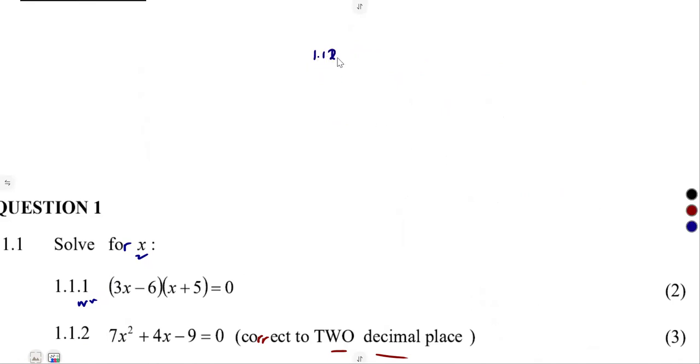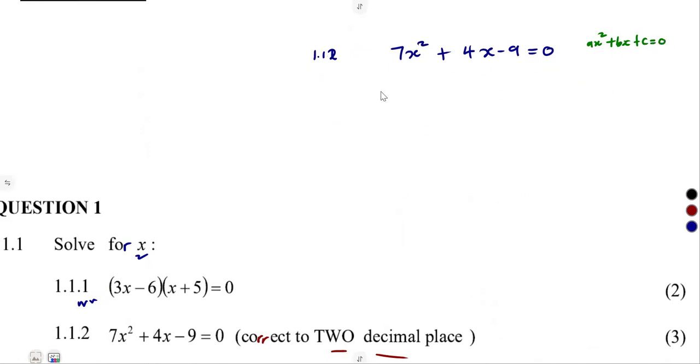Let's save our equation: 7x squared plus 4x minus 9 is equal to 0. Remember our quadratic equation in the form ax squared plus bx plus c is equal to 0. This is exactly the format that we must have.